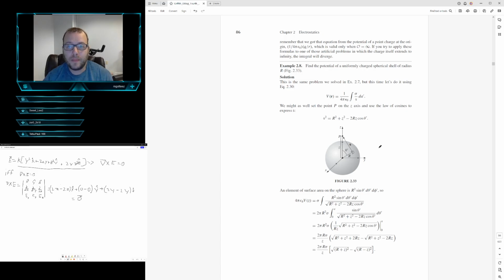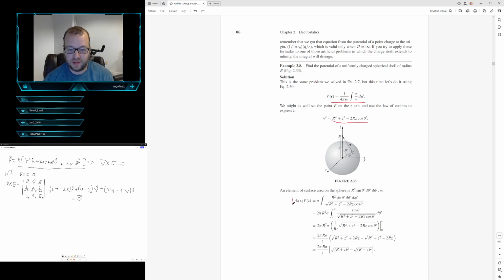So, uniformly charged spherical shell of radius R. Now we're going to solve using this equation. If we find a point, using the law of cosines, we can describe this point as r squared plus z squared minus 2rz cosine of theta.